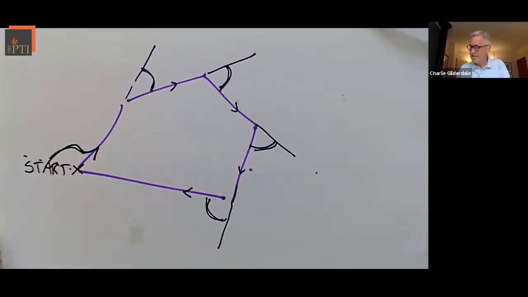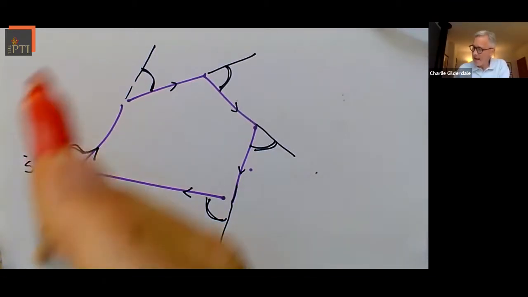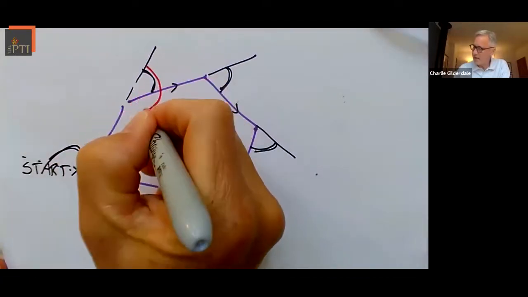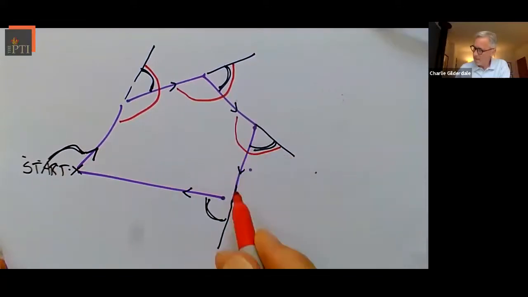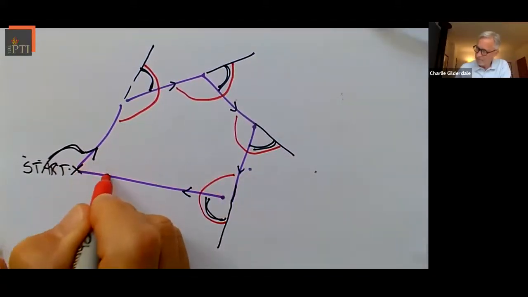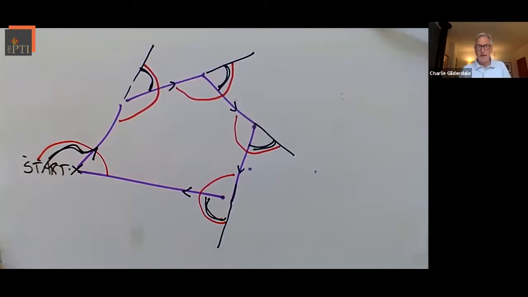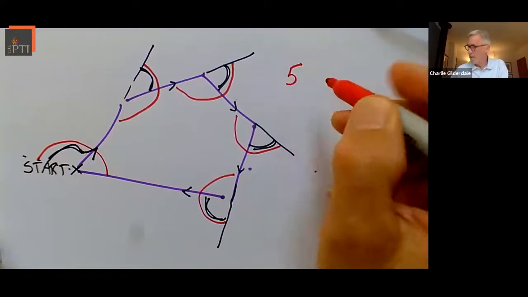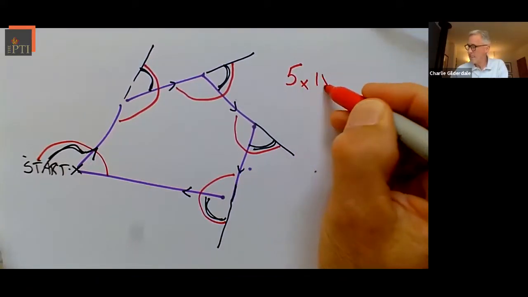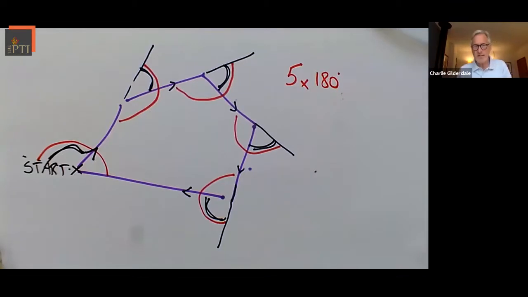But we also know that the exterior angle plus the interior angle add up to 180 degrees. So we have 5 lots of 180 degrees, but we're not interested in the whole red angle because we're not interested in the exterior angle.